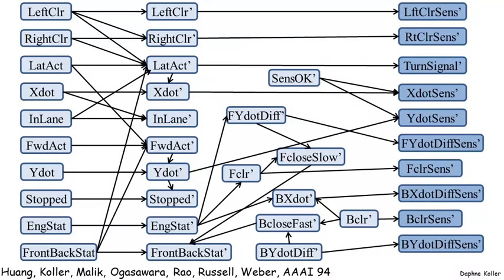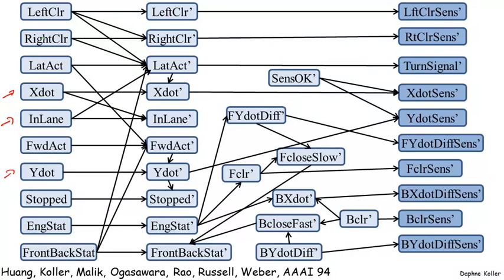So before we conclude this lecture, let's look at an example of a dynamic Bayesian network that is a more realistic one than the simple examples that we've shown before. This is a network that was actually designed for tracking vehicles in a traffic situation. And so we can see that there are multiple variables here that represent both the position and velocity of the vehicle, both in an absolute sense, for example, X dot and Y dot are the velocities, as well as various more semantic notions of location, like whether you're in the lane.